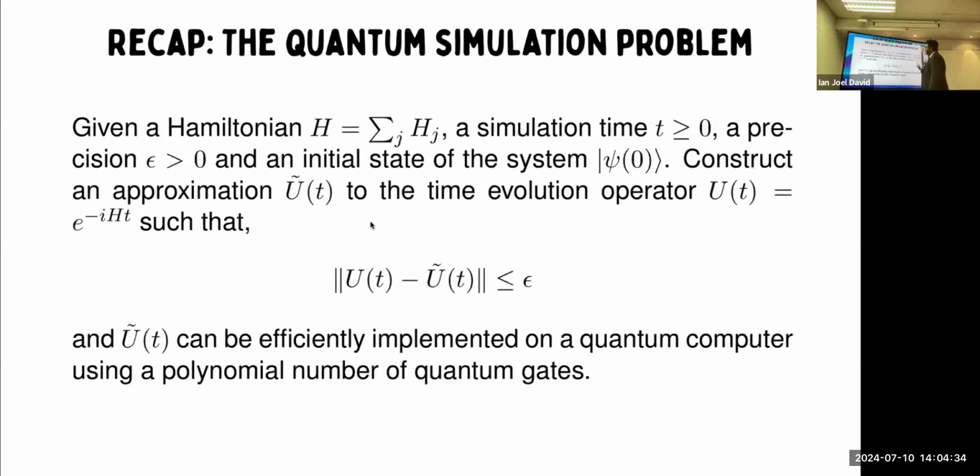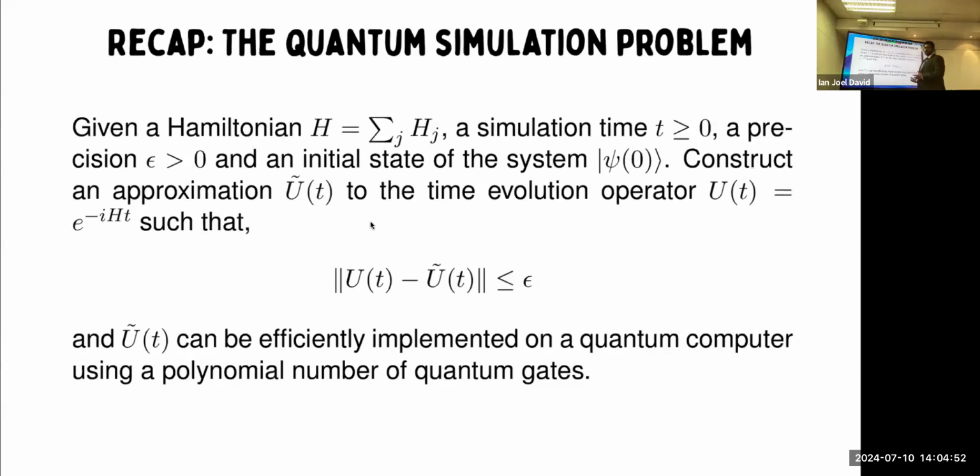As you can see, there are many components to this problem. The first one is finding the Hamiltonian in a form like this. The second one, which is of most vital importance, is how do we build this approximation u tilde of t?